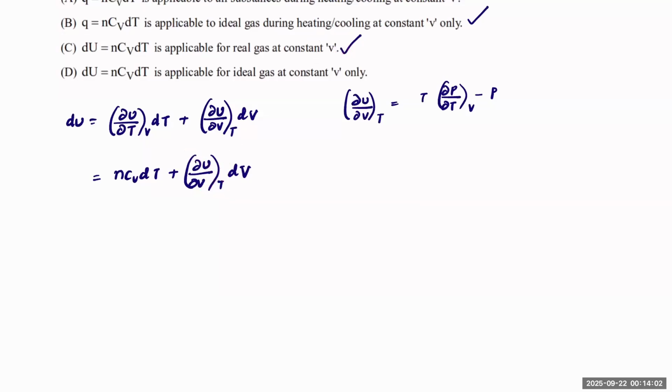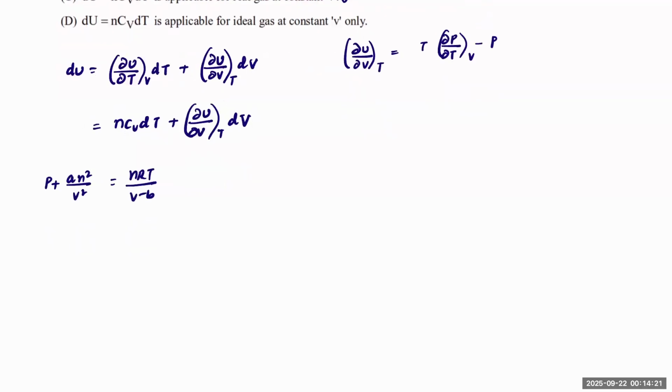Okay. If you recall the van der Waals equation, (P plus a n square by V square) into (V minus nb) equals nRT. Taking it to the other side, P is equal to nRT by (V minus nb) minus a n square by V square.